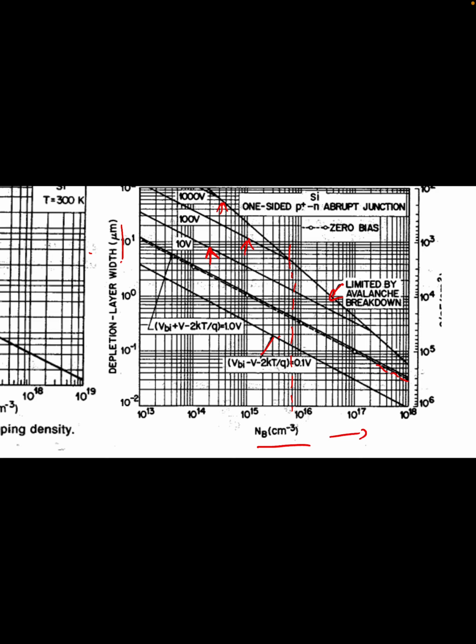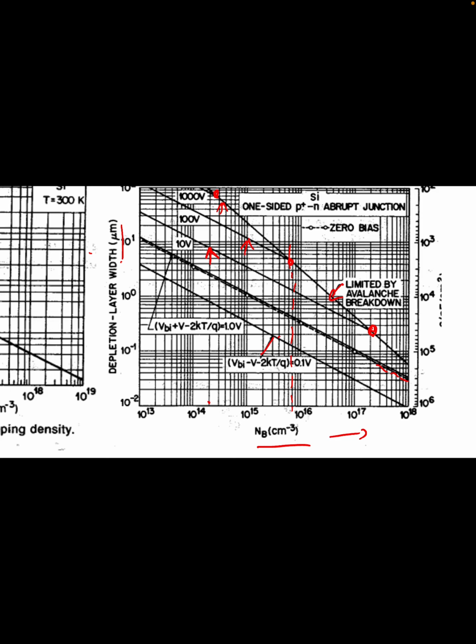The same potential applied to different doping densities, meaning reduced depletion widths, will break the dielectric, the space charge region, at a much smaller potential. You can see the breakdown happening here for 10 volts, here for 100 volts, and here for 1000 volts. Basically, 1000 volts breaks down at a much lower density, whereas 10 volts breaks down at a much higher density.